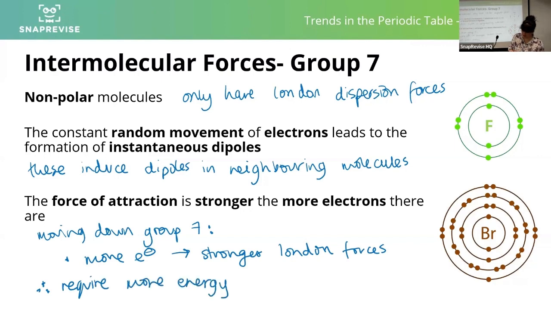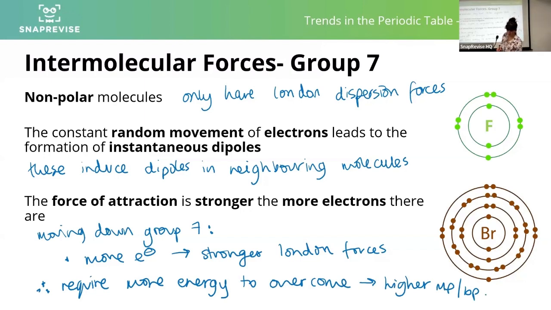And what does that impact? It impacts the melting and boiling point: a higher melting point or boiling point. So the more electrons you've got in a molecule, the greater the dipole can be, and that means the greater the attraction to other molecules can be, and therefore the more energy is required to overcome that attraction, and therefore the higher the melting point or boiling point.